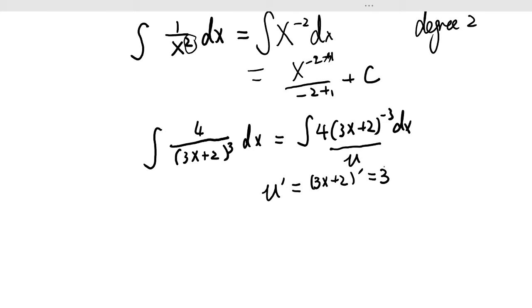Now we have to provide a 3 by ourselves, so we're going to make it. We give 1/3. I'm going to move the 4 in front since it's a constant. Now we have a 3 in front to prepare us to use the u prime method.